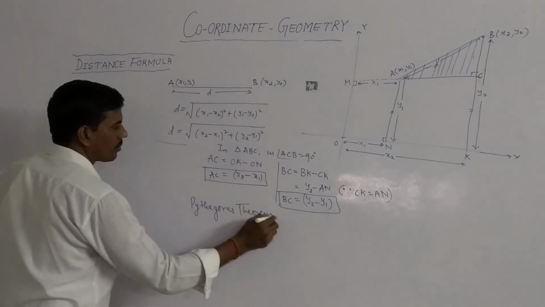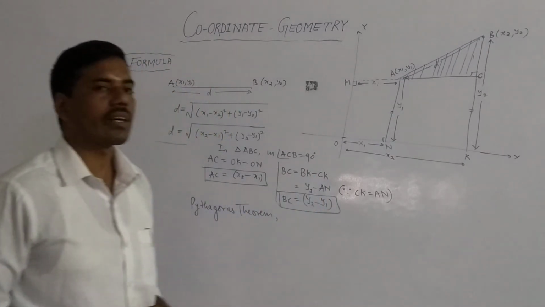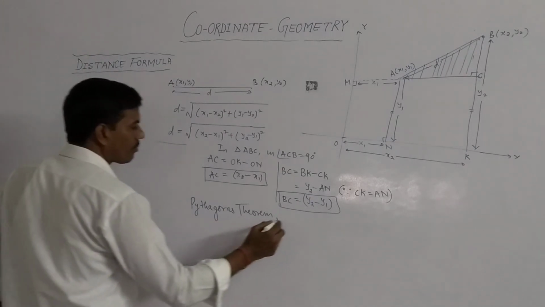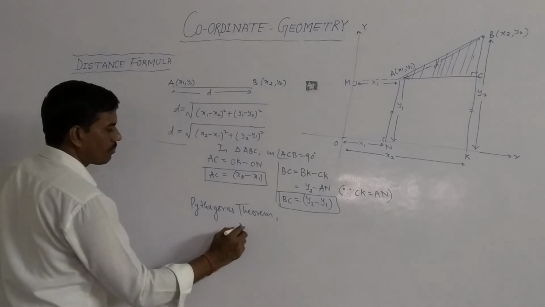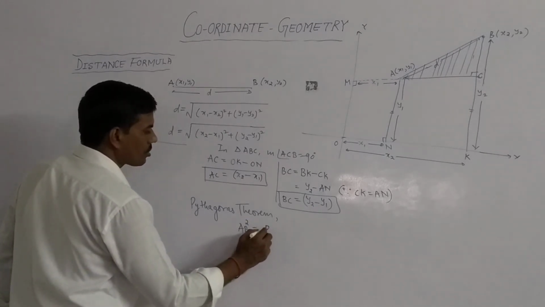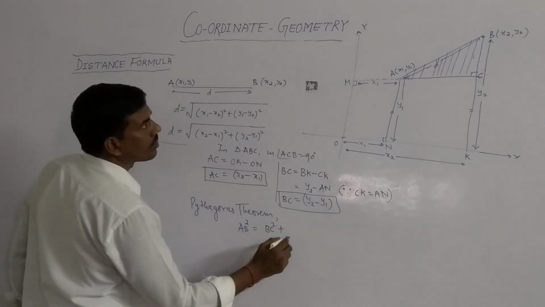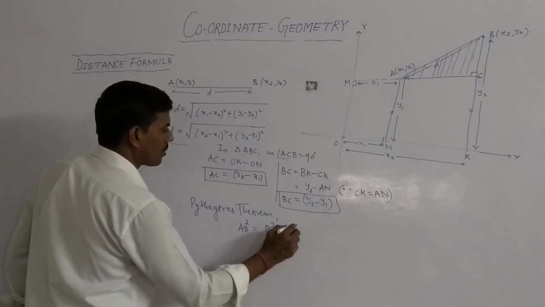We have the square on the hypotenuse. AB is the hypotenuse. The square on the hypotenuse, that is AB square, is equal to BC square plus AC square.